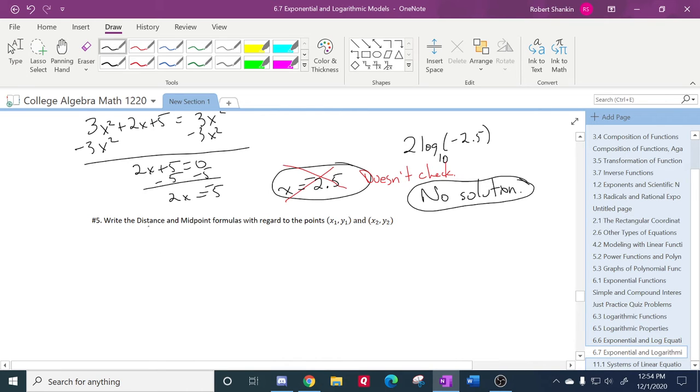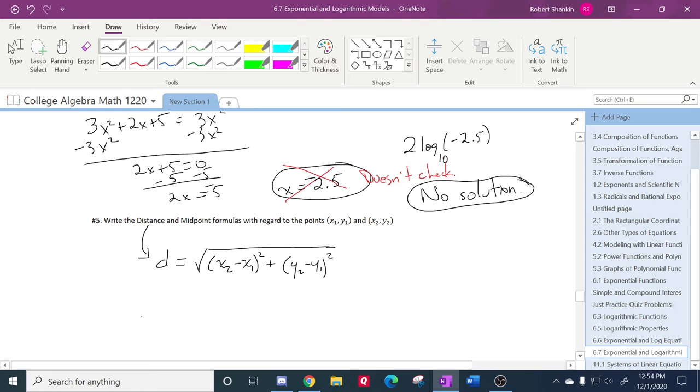So the distance formula, we say d is equal to the square root of the differences squared, and then this.